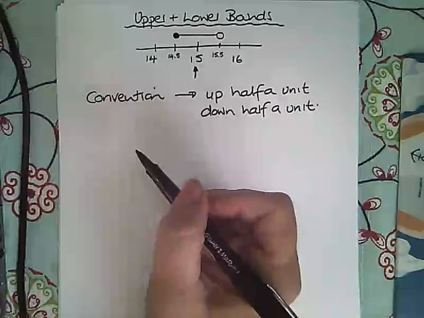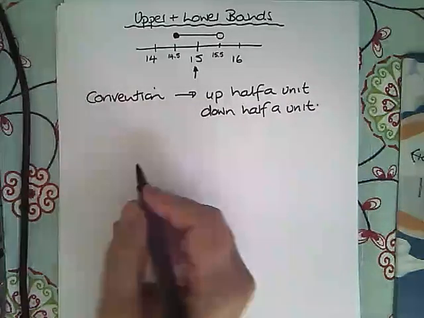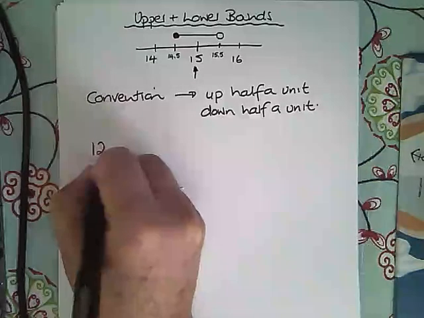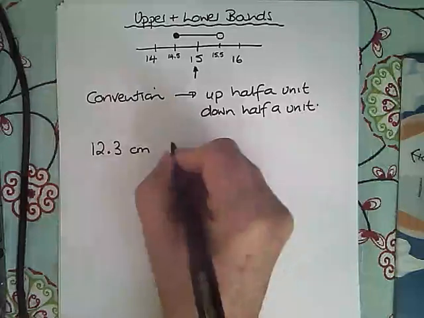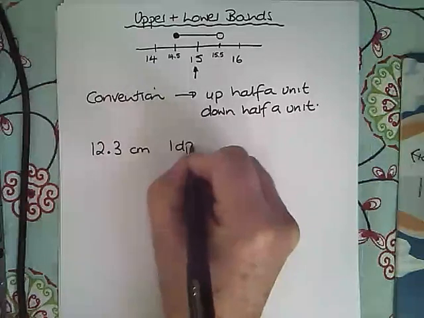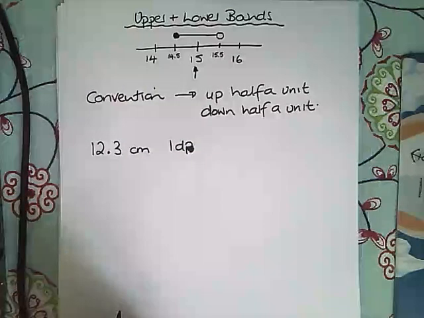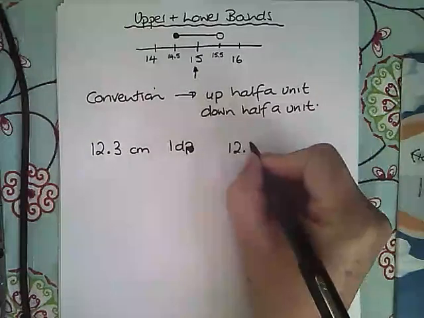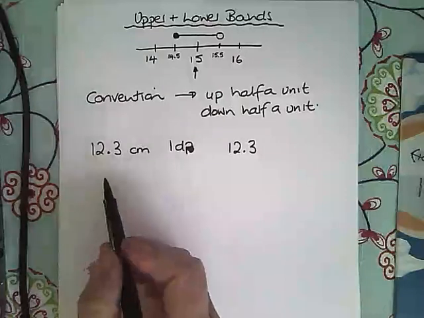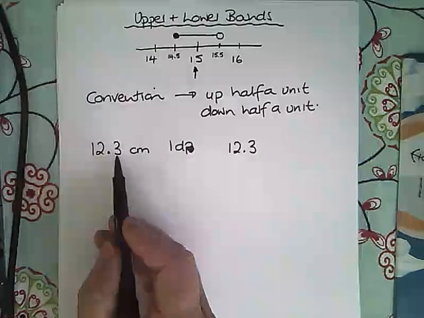So let's have a look at what this means in practice. If we have a number like 12.3 centimeters, and we've been told that that is accurate to one decimal place, then I would write it like this. I put my 12.3 here and I go up half of one decimal place.